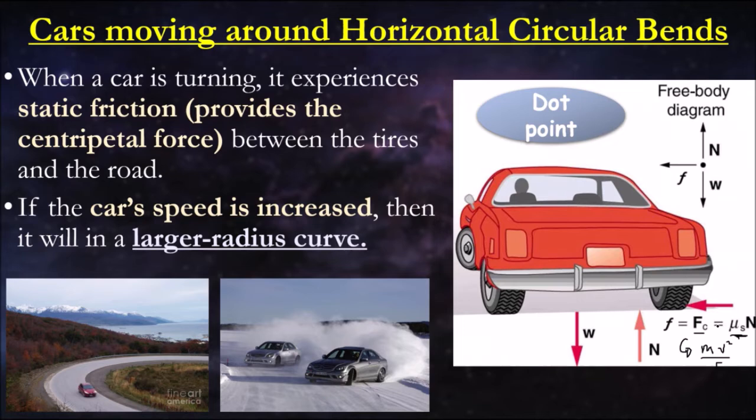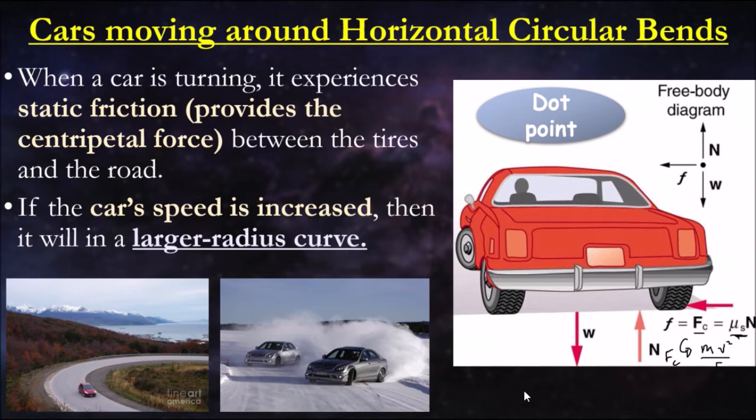Okay, now assuming that obviously static friction is constant for the road, right? If I increase the velocity of my car moving and our centripetal force is the same, right? We must then travel a larger radius.